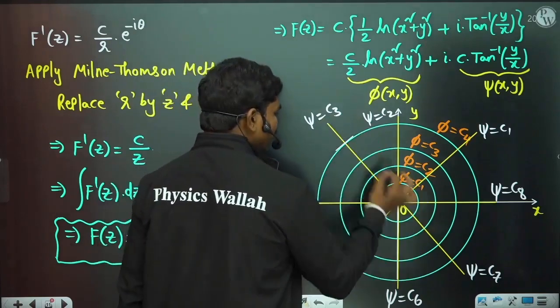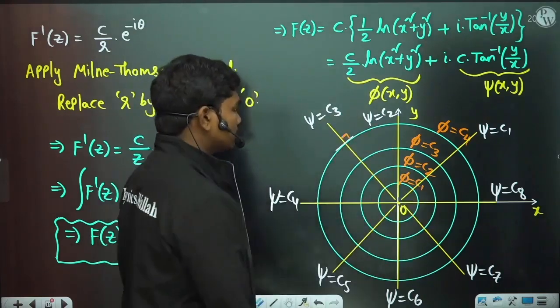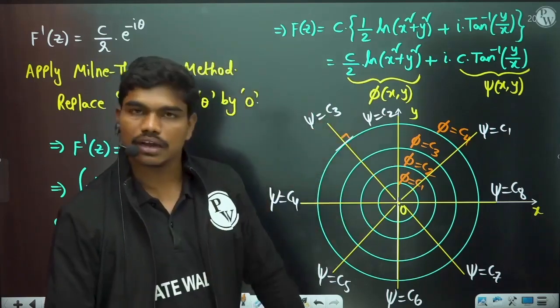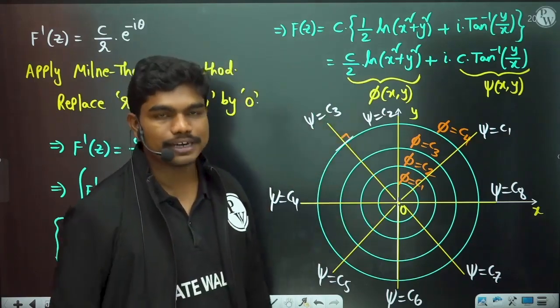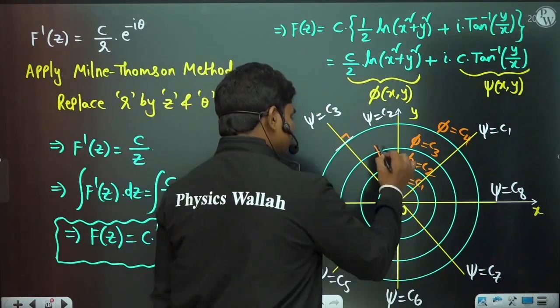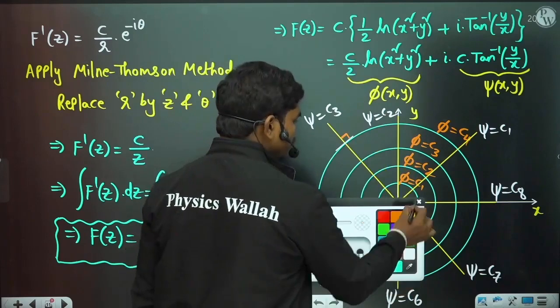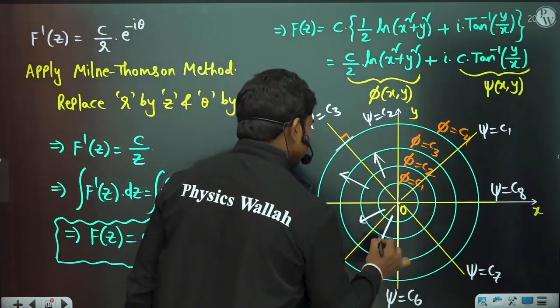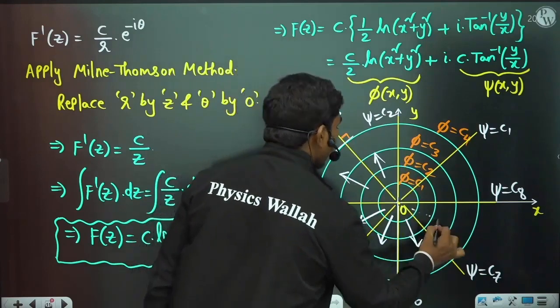So this angle is always 90. That's why if you see the streamlines and equipotential lines, they cut at 90 degrees. Obviously because they both should intersect perpendicularly, that's how we get these things, and the flow happens in this particular direction. So the flow happens radially in all the directions in this particular case.